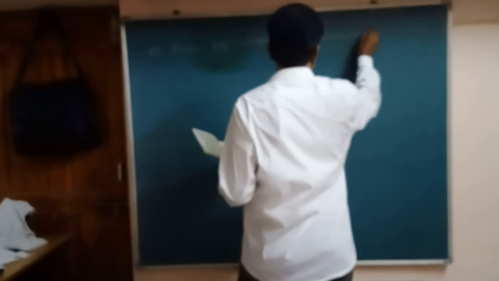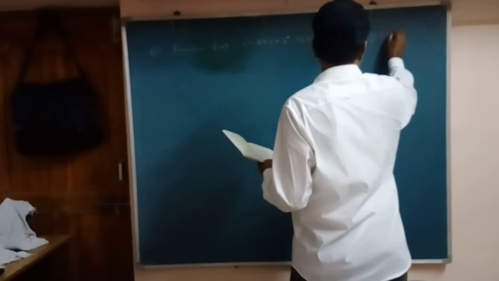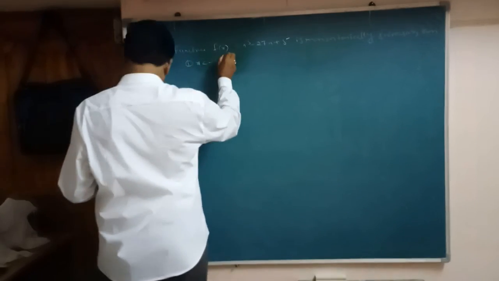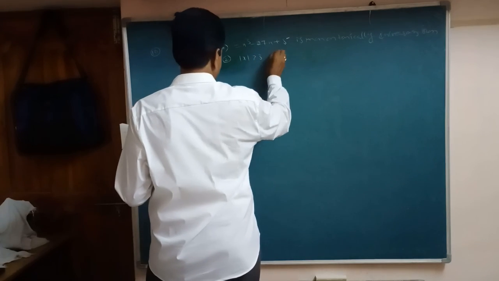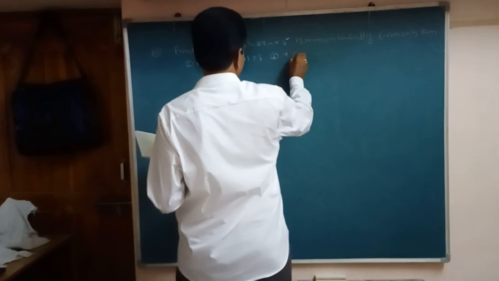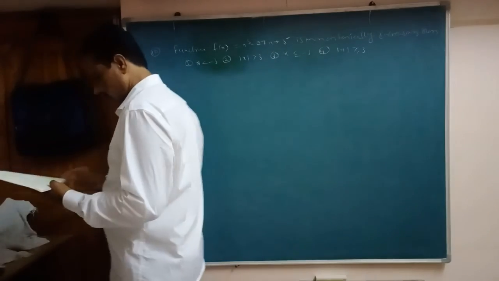Then the options given: mod x less than 3 and mod x greater than 3; x less than or equal to minus 3; and fourth one, mod x greater than or equal to 3. So it is also the same.